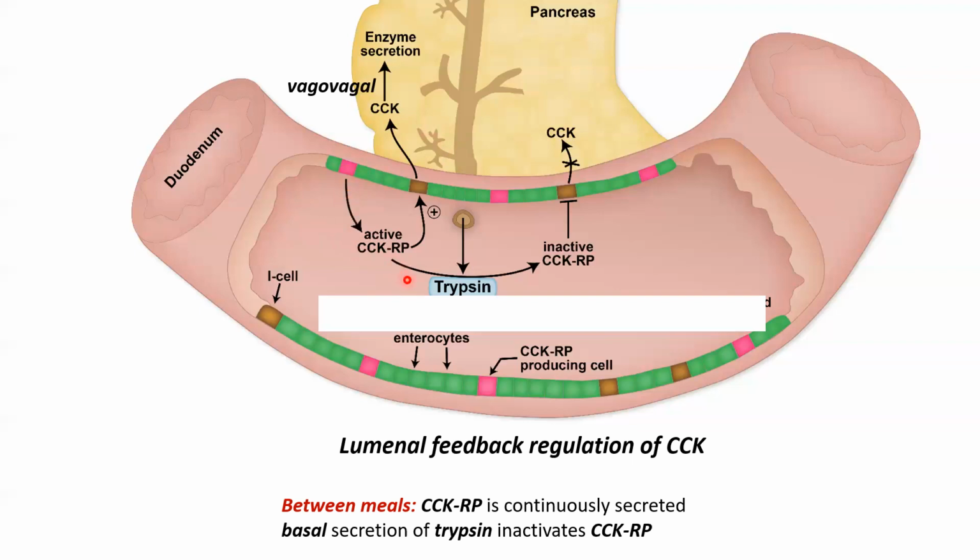And ordinarily, during basal secretion, you'll have some trypsin there. And trypsin will inactivate this thing, and so it no longer activates the I cell. You don't get CCK, you don't get the vagal response, okay? So if the basal secretion is actually preventing enzyme secretion, what for?